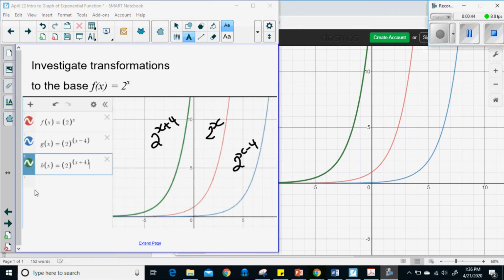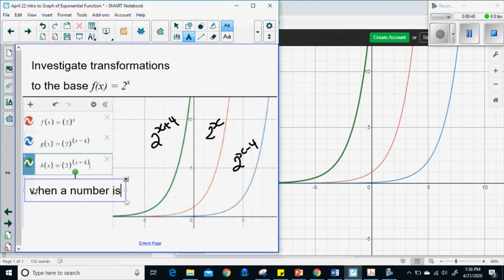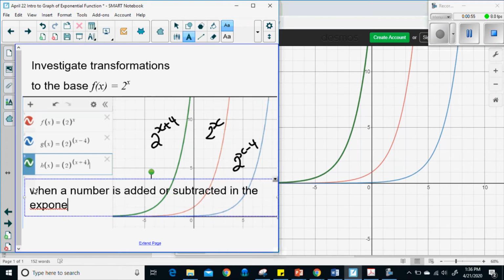Okay, so just to reiterate, when a number is added or subtracted in the exponent, that is a horizontal translation.